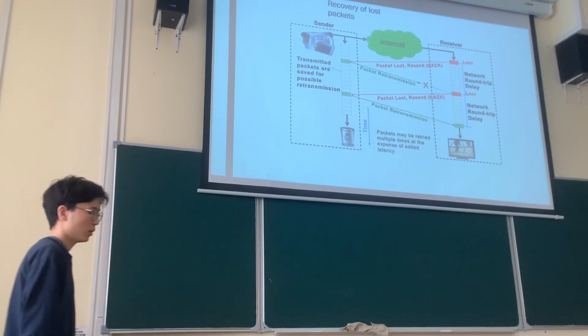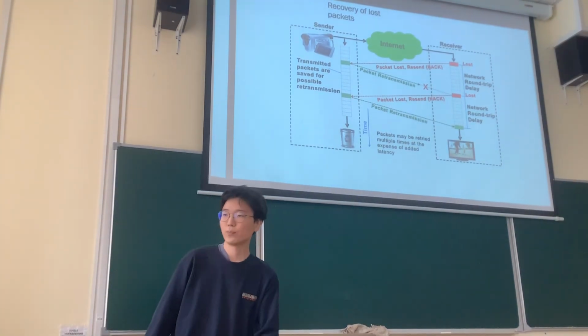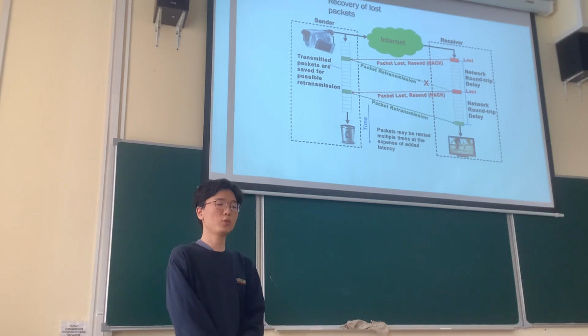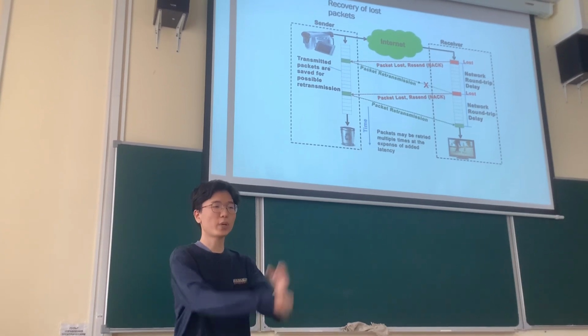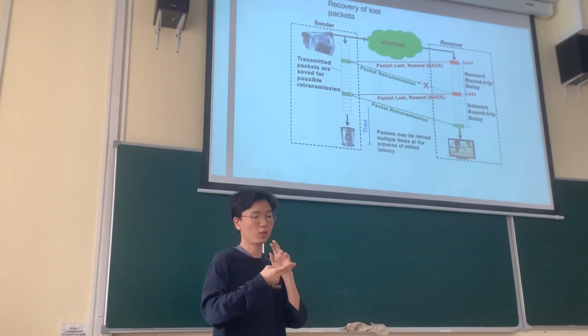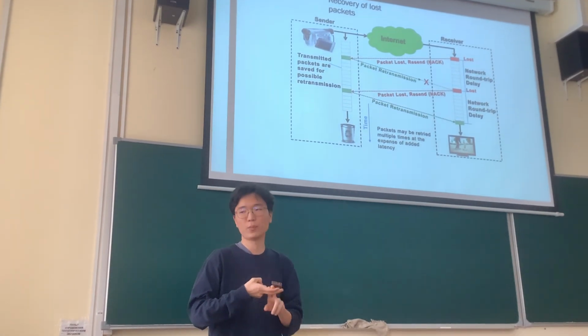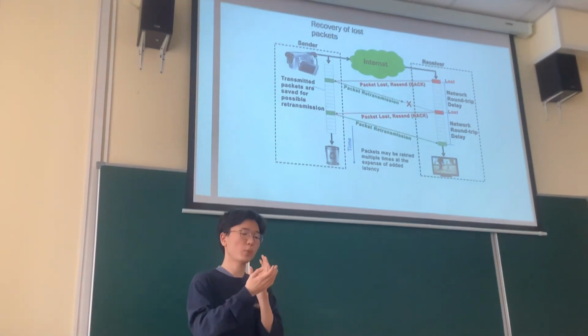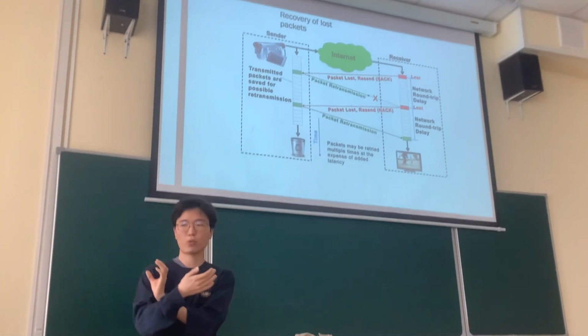And how are the packets recovered? As I said before, the data is transmitted in packets, and in some protocols like TCP, all the packets have a sequence number, like first, second, third.